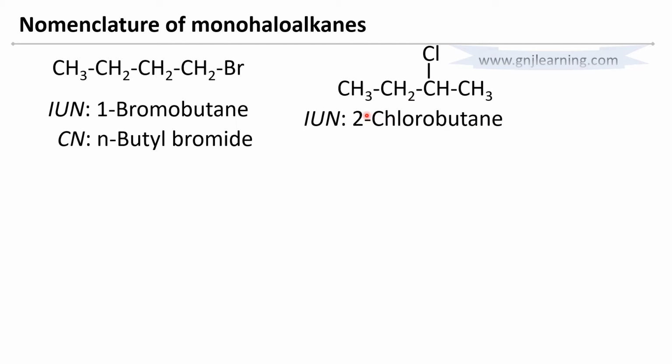Now if you remember from the introductory class, when it comes to common naming, if I treat this as a branch, the chlorine is the parent, so the name will be chloride, and the parent is attached to the secondary carbon of butane.